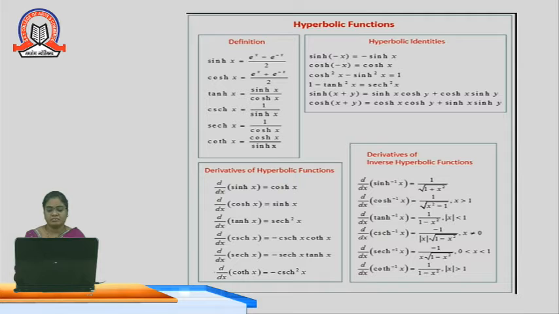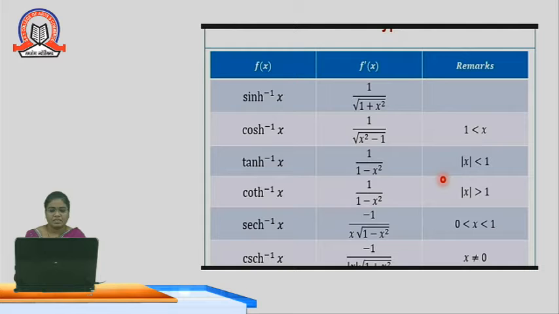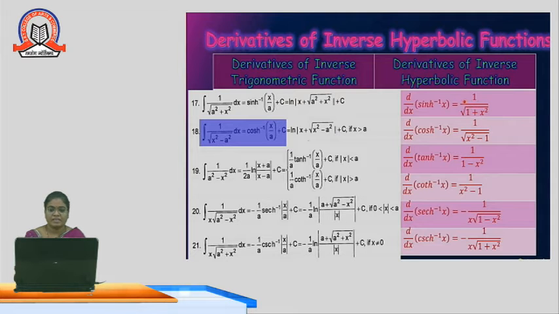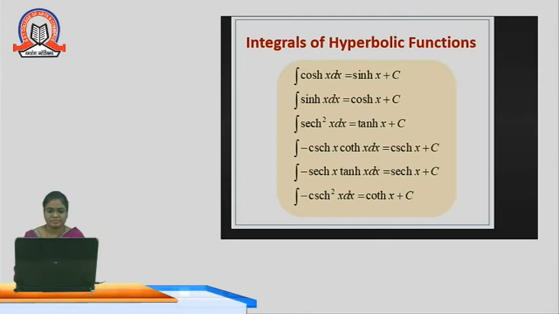Tanh inverse of x is 1 by 1 minus x square, etc. So these are the formulas for inverse functions under hyperbolic functions, the derivative of inverse hyperbolic functions. This is also another slide where a is given in the place of 1. These are the formulas we have already discussed.